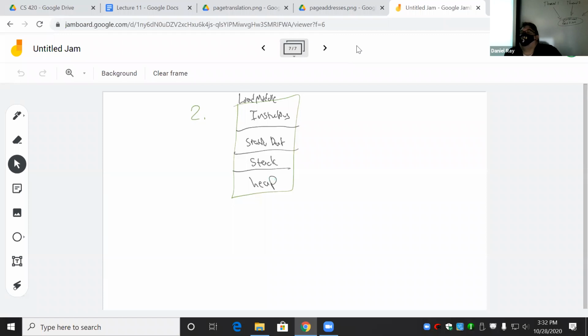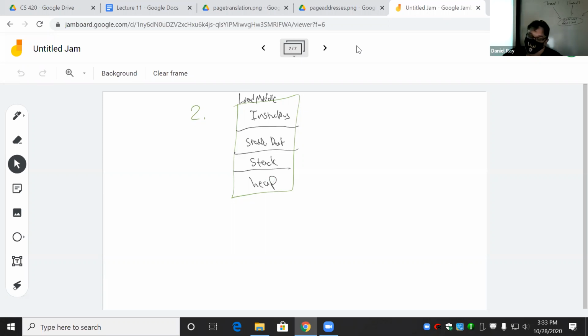Are they all going to be the same size? No. No reason to believe that they'll all be the same size, or one size in particular. No reason to believe that between processes, the instructions for one process will take up the same amount of space as the instructions for another process, and same for all those other parts.